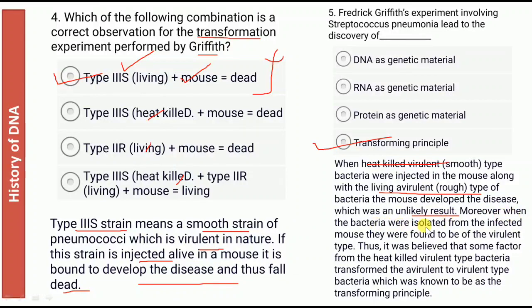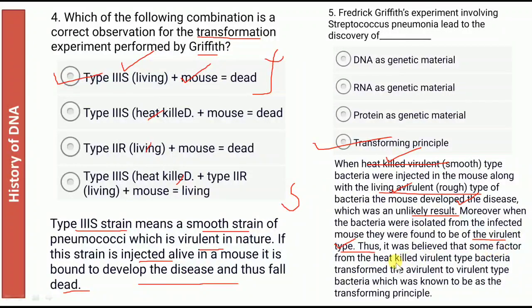Moreover, when the bacteria were isolated from the infected mouse, they were found to be of the virulent type. So this is the S type, the virulent type. Heat killed plus living avirulent type was injected, the mouse developed the disease, and the bacteria found were of the virulent type.